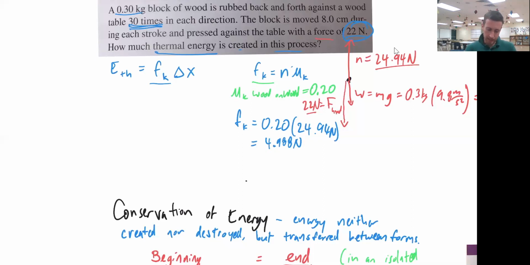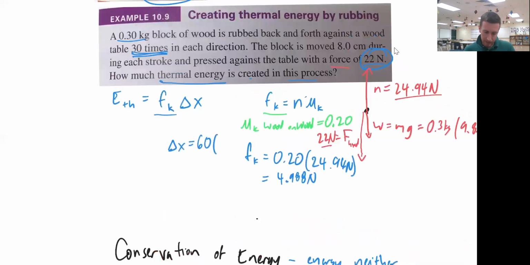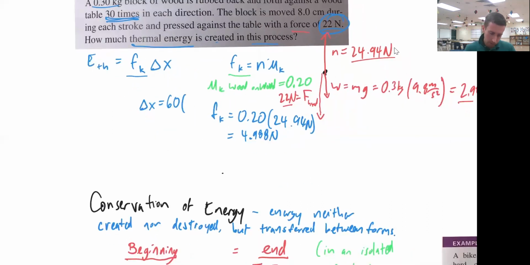So for my delta x, that was 60 motions, and each one was 8 centimeters, 0.08 meters. 60 times 0.08, 6 times 8 is 48, 4.8 meters total.